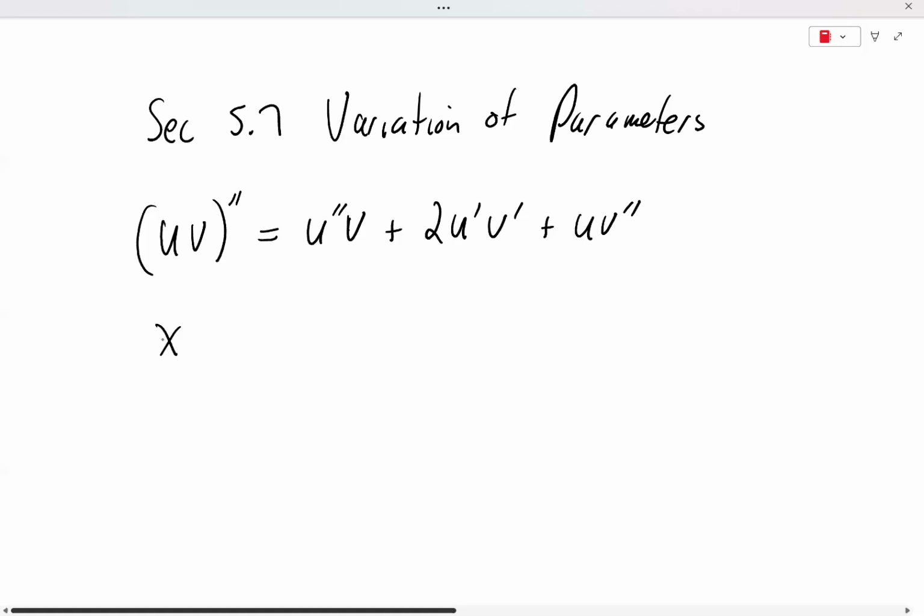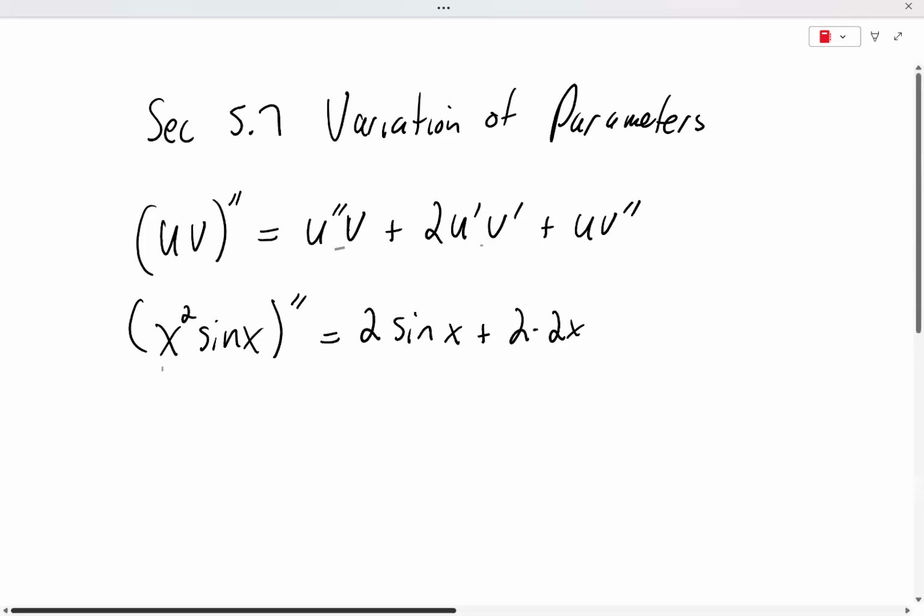So for example, you have x squared sine x as an example. This is equal to what? Well, you would take two derivatives of the u, that's this part here. So two derivatives of this would be 2, and then you keep the second part. Then plus 2 times, I take the derivative of the first part, 2x, and the derivative of the second part, cosine x.